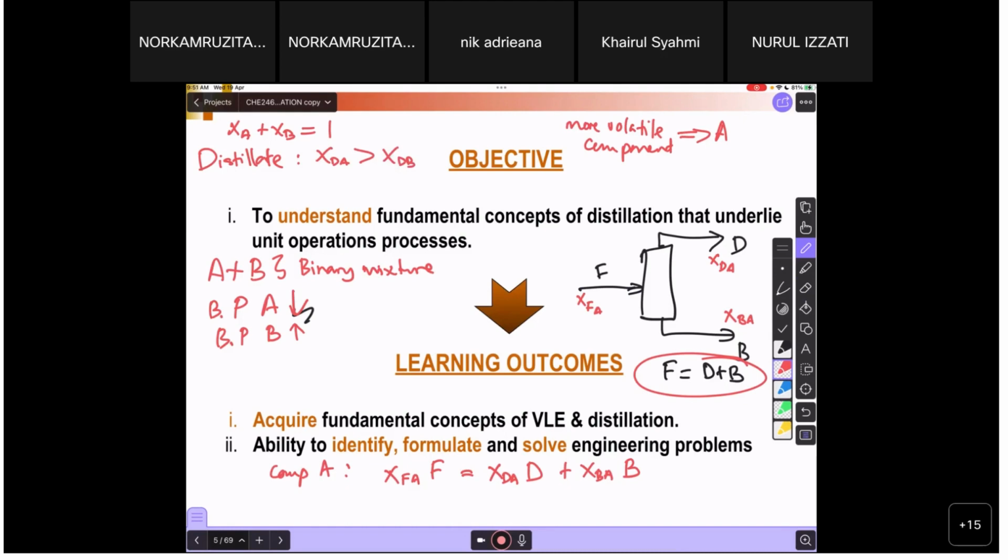At the bottom, XBA should be less than XBB.